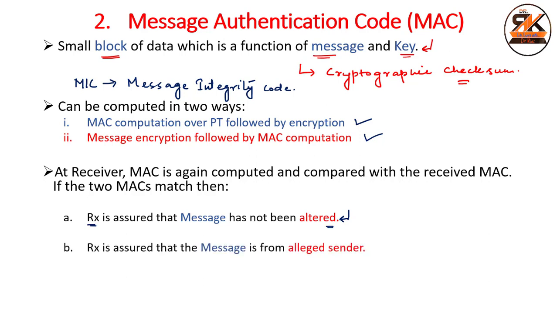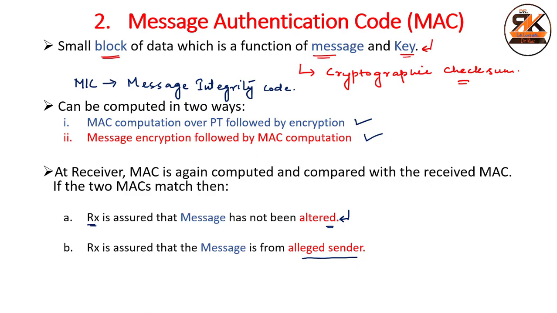Then the receiver is also assured that the message is from the alleged sender, which means the sender from which the message was expected. This is because no one else knows the keys and none else could have computed the proper MAC.